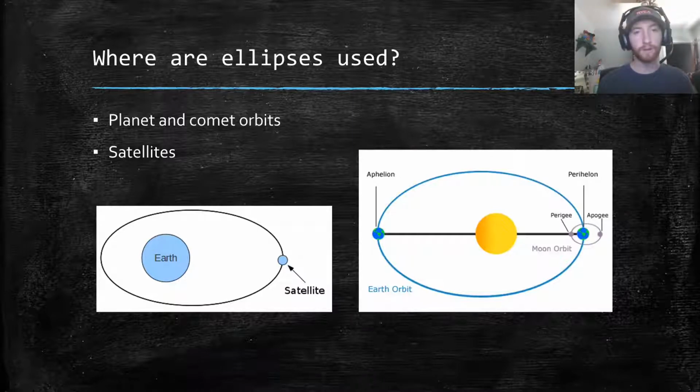There are different orbits which we will talk about in a sec, but the elliptical orbit is a very common orbit between, like I said, planets, comets, and satellites. So if we can understand the difference in orbits and understand the math behind ellipses, we can get satellites into space more effectively, and we can calculate where the planets are going to be and the trajectories of the planets.